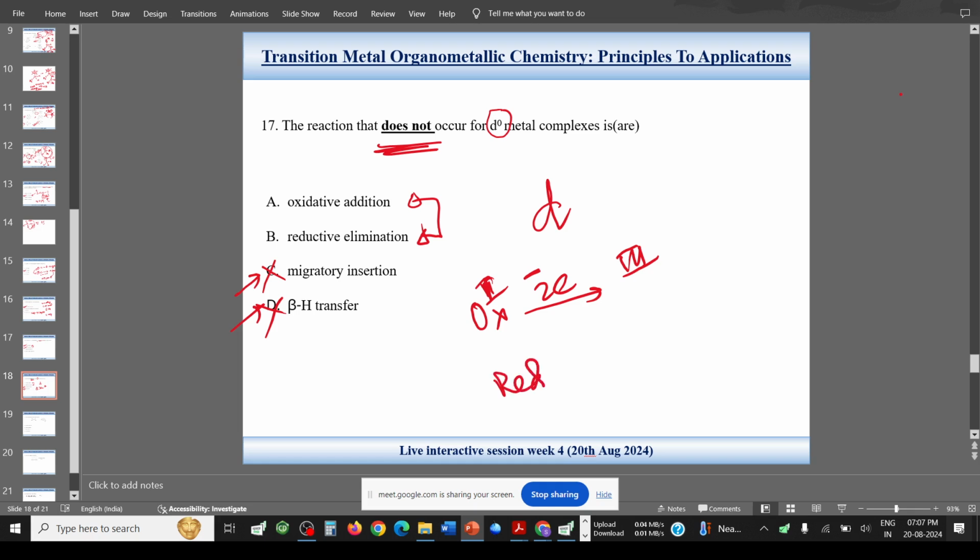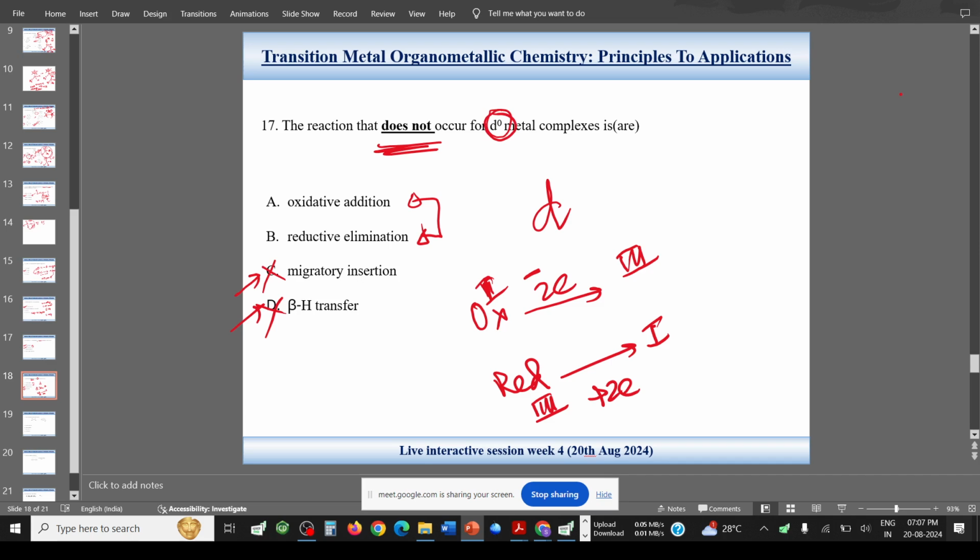And for reduction, if it is 3, the oxidation state and the coordination number will be decreased by 2 units. That means it is gaining 2 electrons. So it is saying the metal center having d0 electrons.